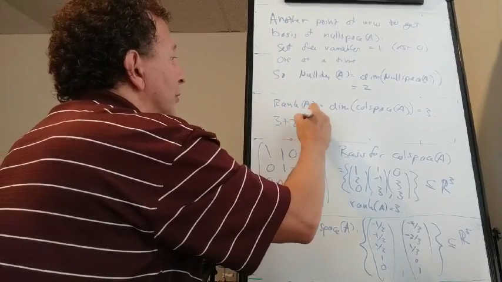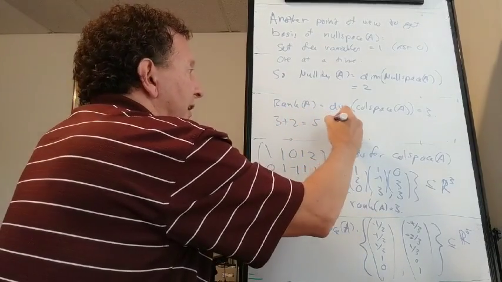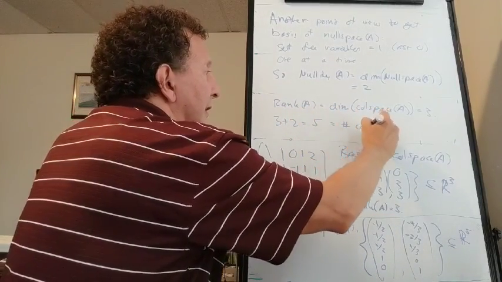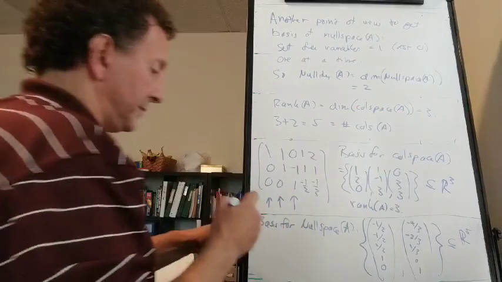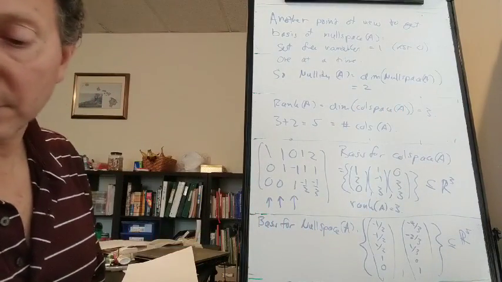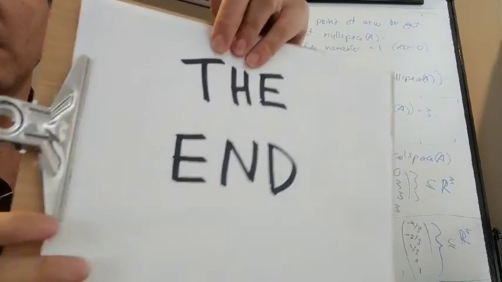And 3 plus 2 equals 5, which is the number of columns of A. The end.